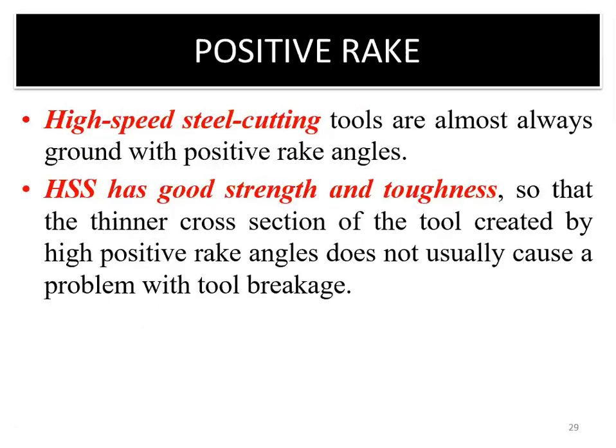Dear students, you may have heard about the high speed steel cutting tools, HSS. These tools are very tough, very strong, can work at high speed, that's why they are named like this. And we keep a positive rake angle with those tools.